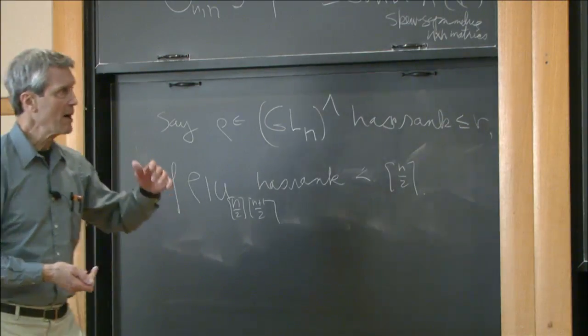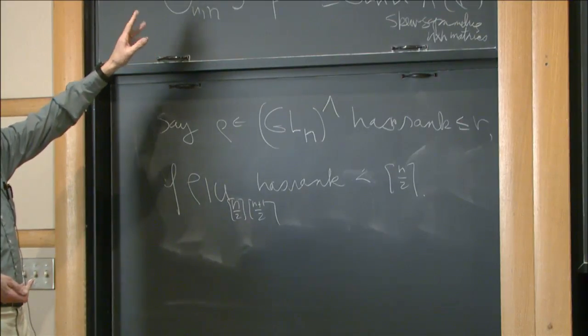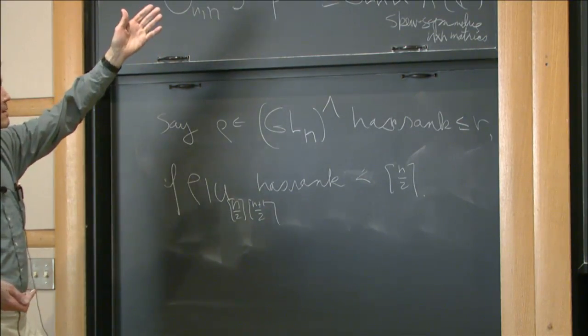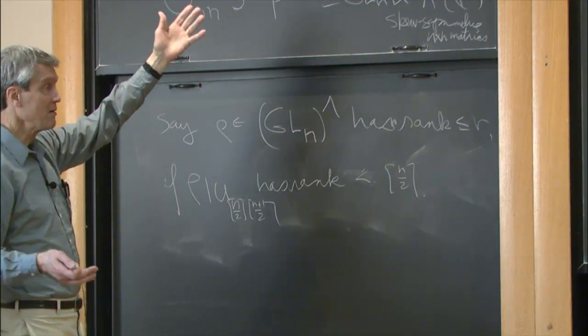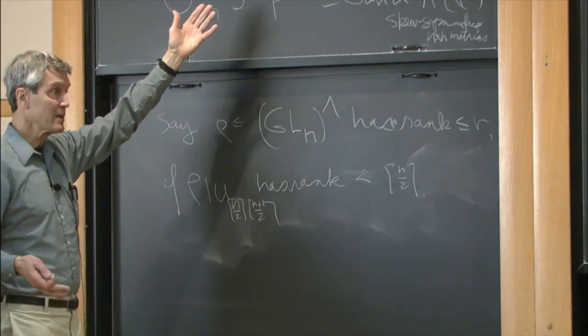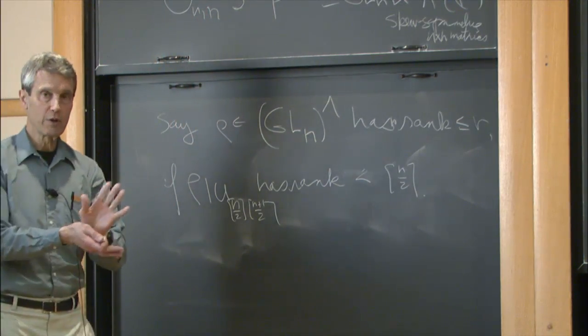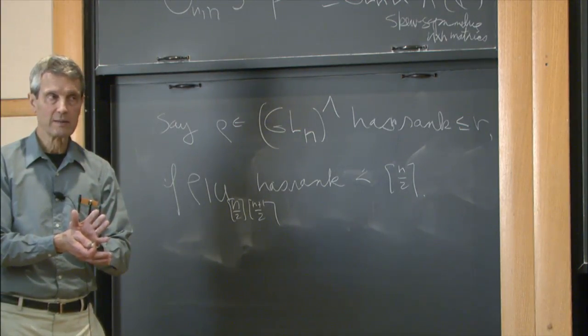What happens is that if the rank is bigger than the minimum of K and L, you don't learn anything by restricting it to K and L. But if it's less than the minimum, then you could learn something.